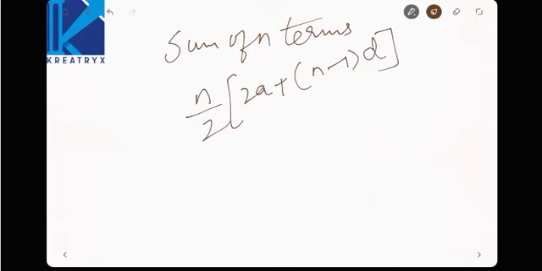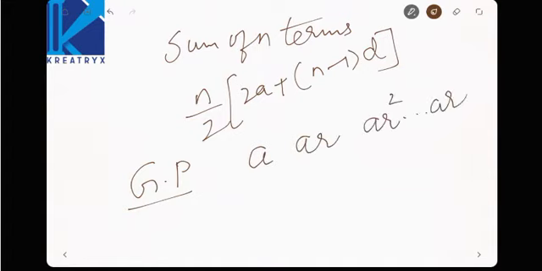Now the next one is geometric progression. The series will be like this: a, ar, ar square, and so on up to ar to the power of n minus 1. When the series is in multiplicative effect, then that is called geometric progression. Then how will you find the sum of terms in a geometric progression?